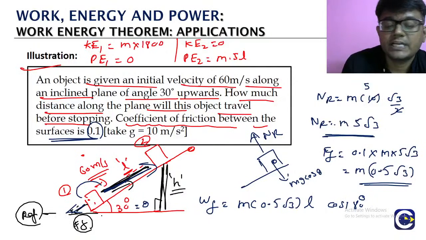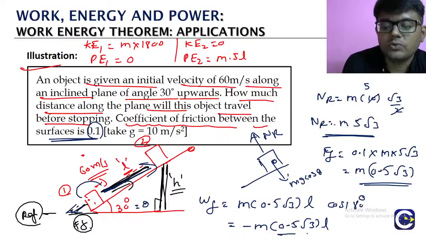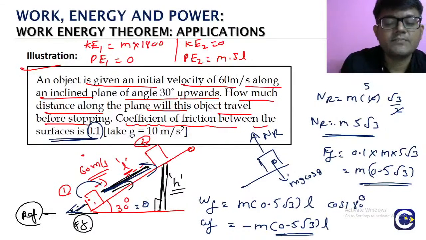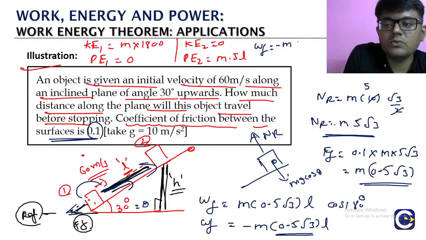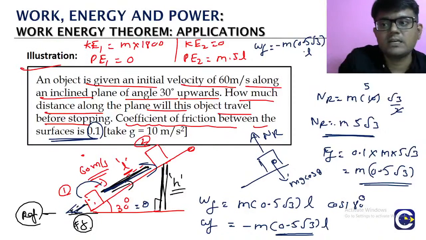Because they are in opposite directions. So it will be negative. Cos 180 is minus 1. So look at this. Minus M into 0.5 root 3 into L. That is the work done by the frictional force.